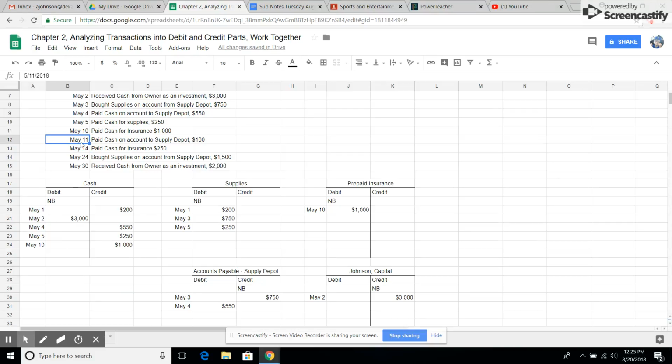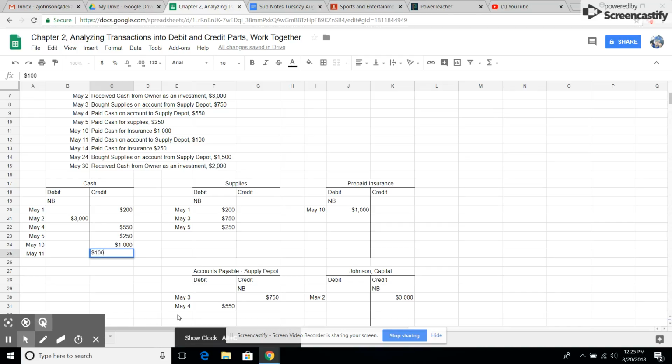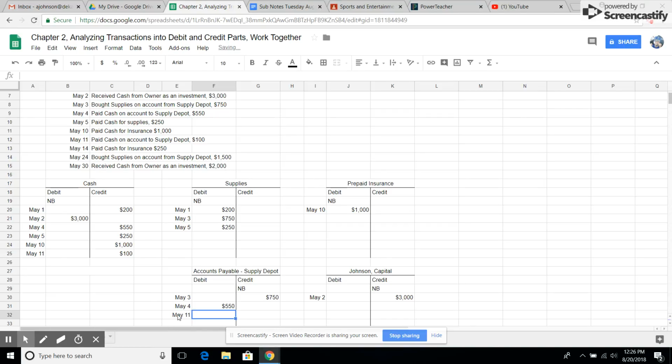May 11th, we are paying cash on account to Supply Depot. So we're making another payment to Supply Depot. We are going to decrease our cash, so that's going to have to go on the credit side for cash. We're also decreasing the amount of money that we owe to Supply Depot, so that will go on the debit side for accounts payable to Supply Depot.